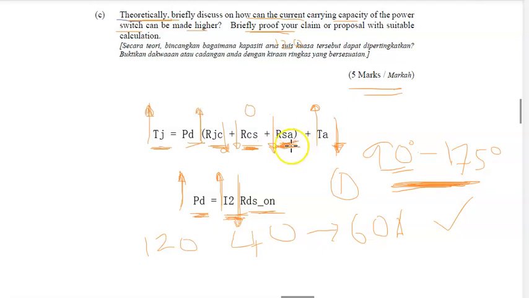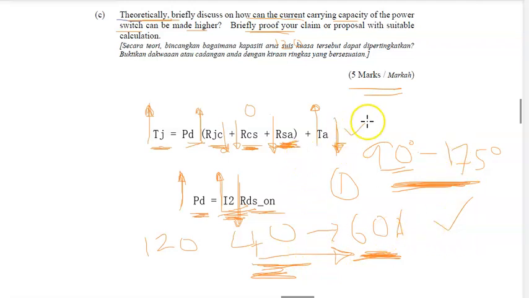You can calculate to see that your current at that time is higher compared to the initial 40 ampere. Initially we have 40 ampere, but when we suggest the improvement theoretically and calculate with the assumed data, we shall get a new value. It means we are proving that the capability of our device is increased from 40 to a new value, and you shall get 5 marks for that.